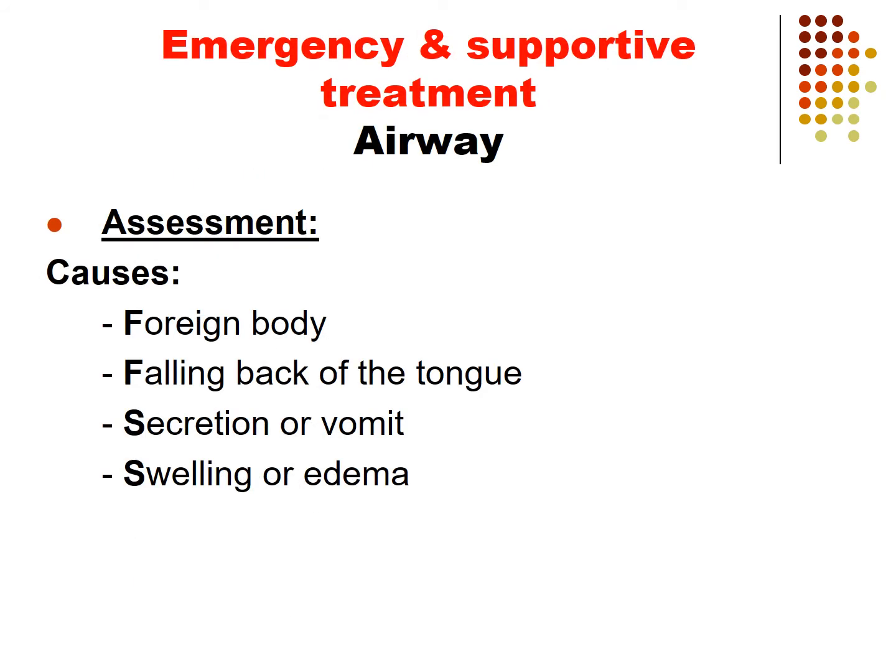Starting with the airway. Assessment of airway and causes of airway obstruction. You have several causes that may obstruct the airway. Common causes include the presence of foreign body or falling back of the tongue, which may obstruct the airway in a comatose person when he is lying on his back.